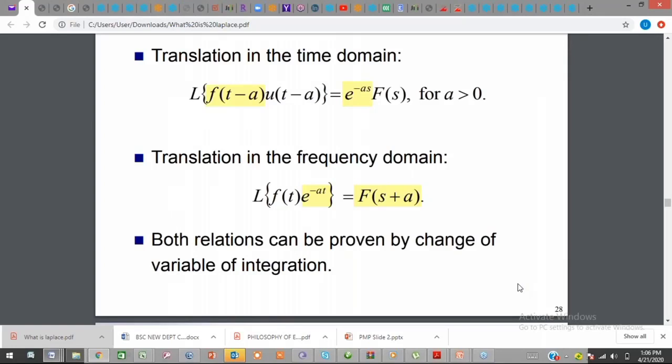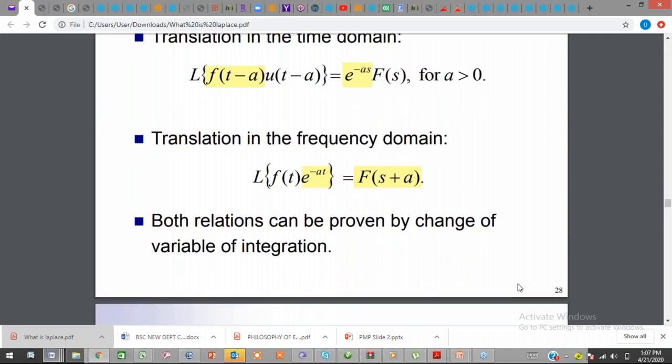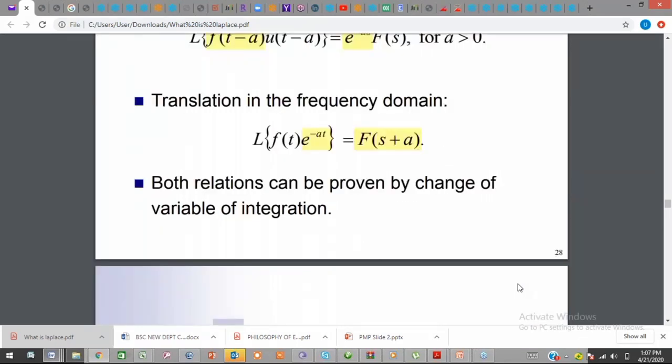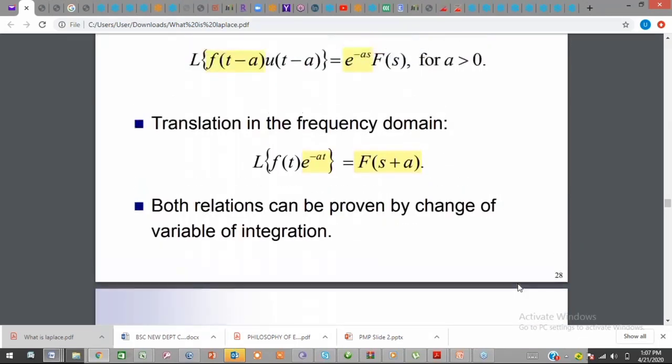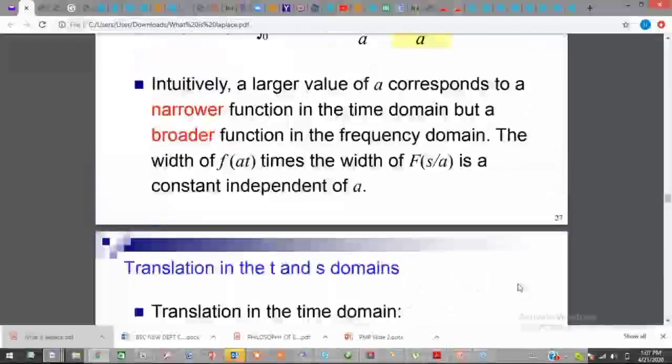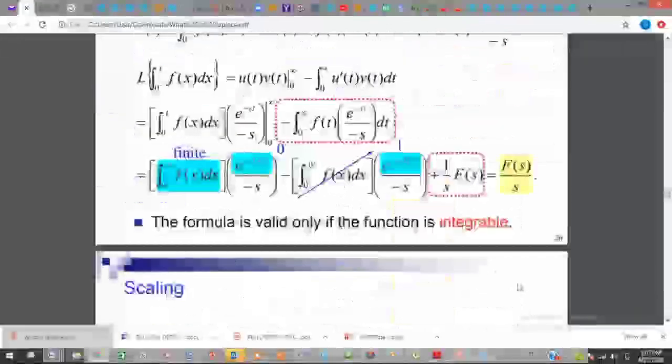Now that brings us to the next line, where we have integral 0 to infinity f of x dx, that is e raised to the power of s t minus s t all over minus x. Don't forget that we got this from the second line on this page 26, where we have v of t equals e raised to the power of x minus t all over minus x.